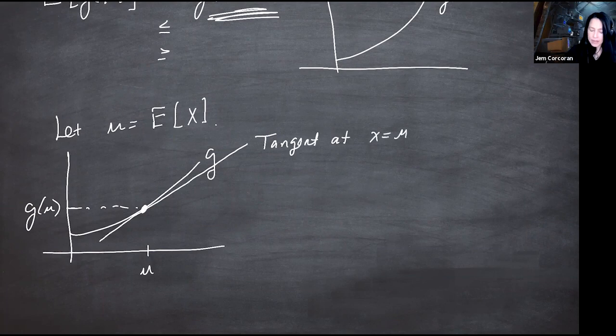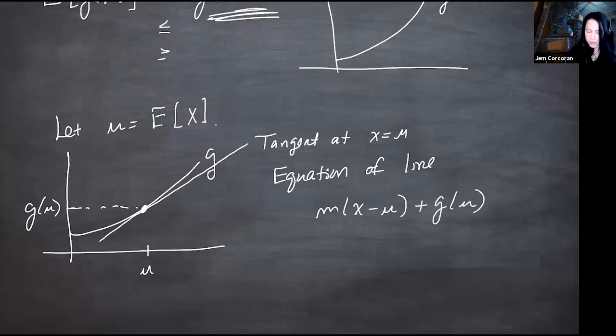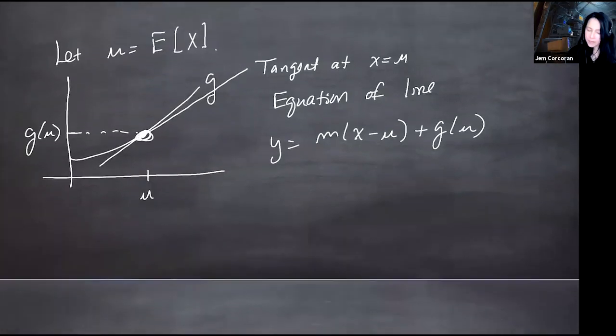And we can write the equation of the line as some slope, I'm going to call it m, times (x minus mu) plus g of mu, like y equals some slope going through the point (mu, g of mu). The point-slope form of the line.